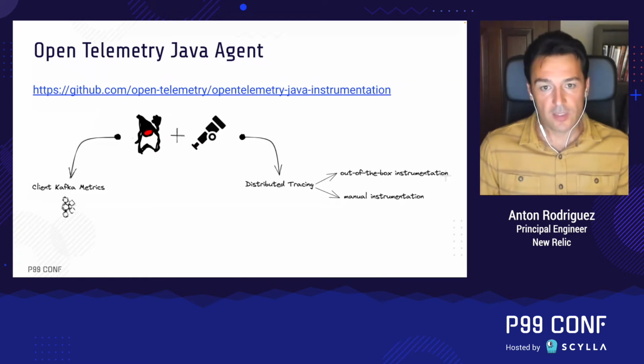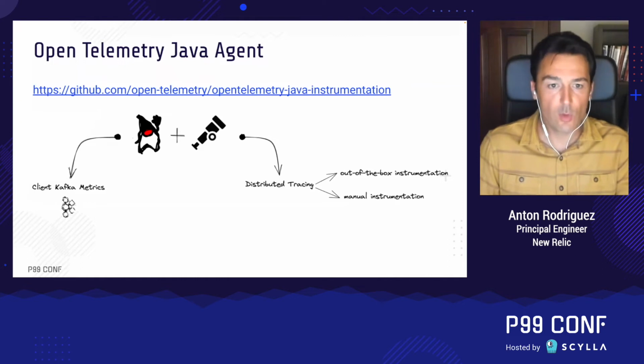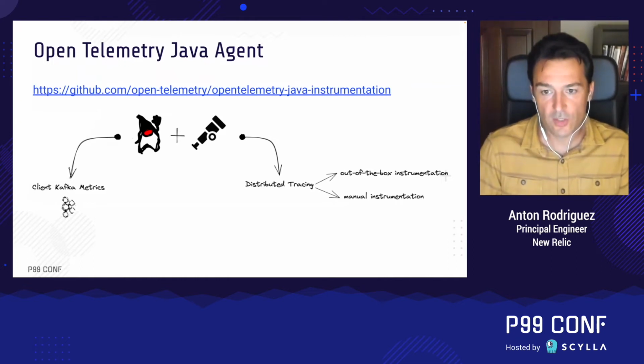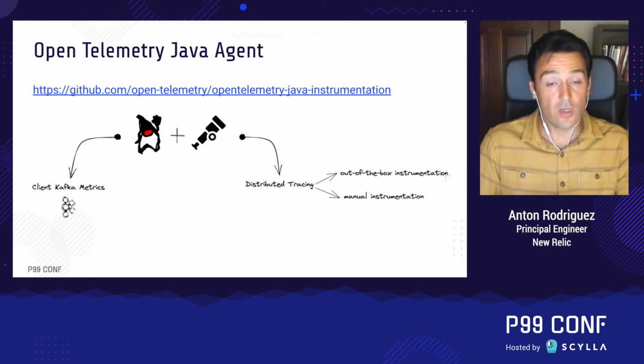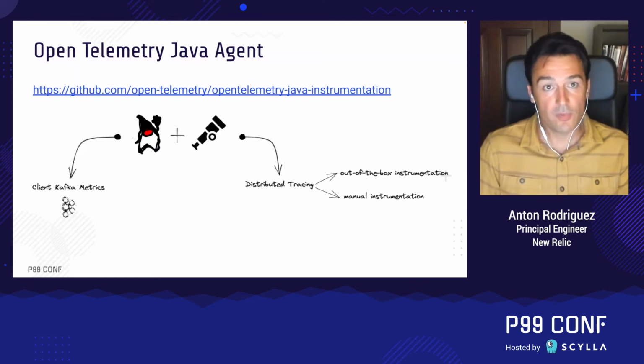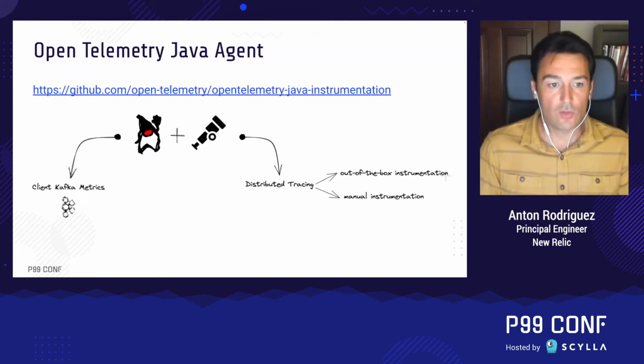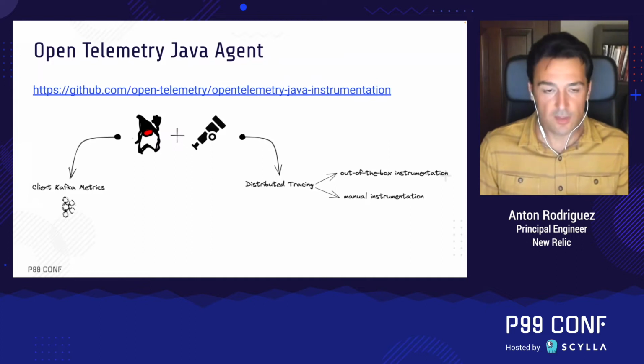It's able to understand our application, to see what frameworks and libraries are being used under the hood by our application, and to generate metrics and traces for that particular framework. So in this case, using the OpenTelemetry Java agent, we are going to be able to generate Kafka metrics and distributed traces.